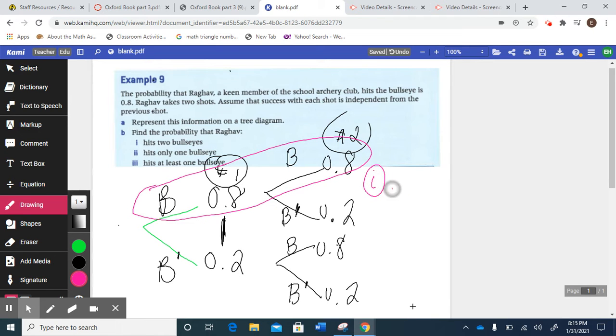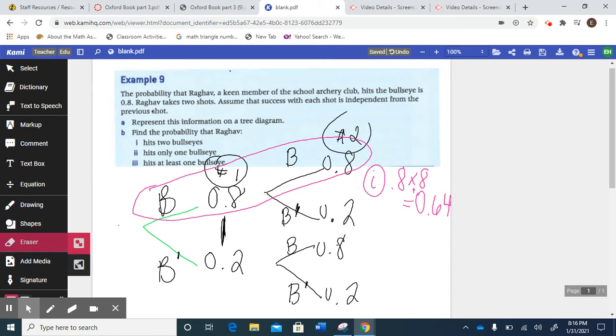I'll write it over here. 0.8 times 0.8. I'm going to double check with my calculator. Is 0.64. That's the product rule. So that's the only scenario that we could have had on that one.